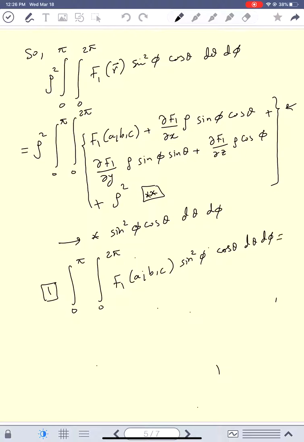So I'm expanding this bigger bracket. Now if you take this integral, what is it? Cosine theta, you are integrating theta from 0 to 2 pi. This will give you 0 for sure. So the first term, for sure, will give you 0 when you multiply it, of course, with this.